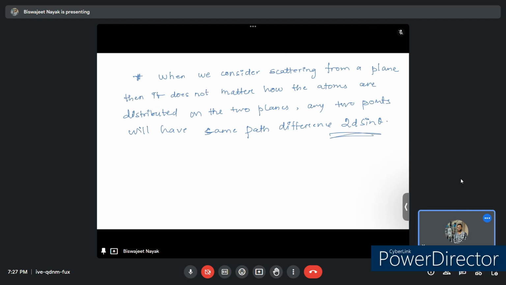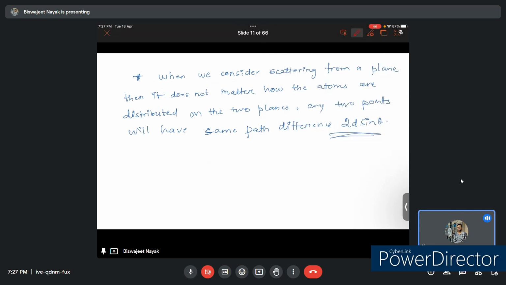So if this is generalized to a set of parallel planes, the diffraction from a set of planes having distance d, these planes are oriented under the Bragg diffracting condition.